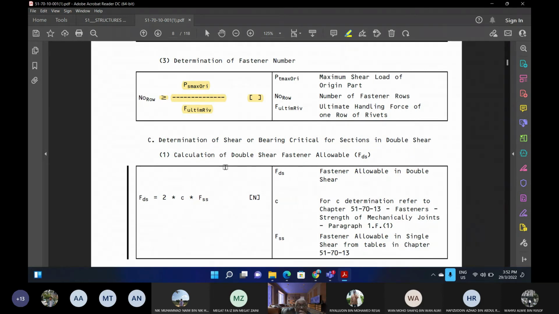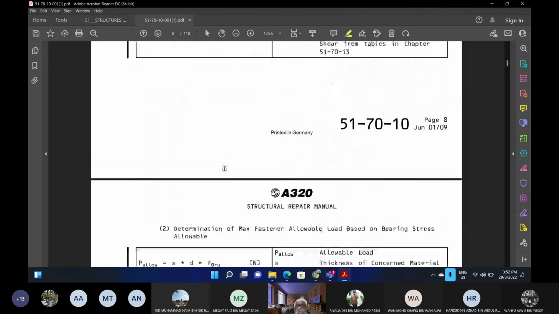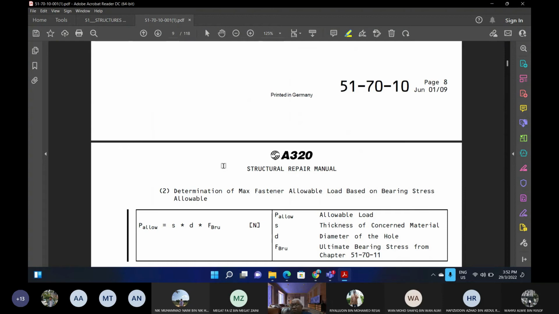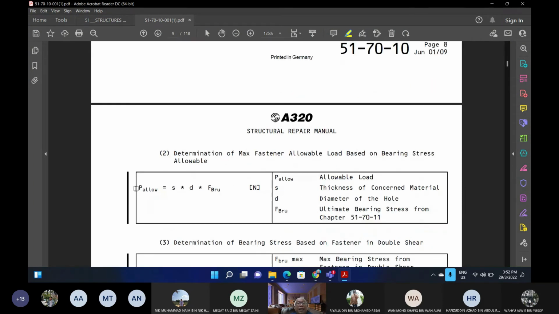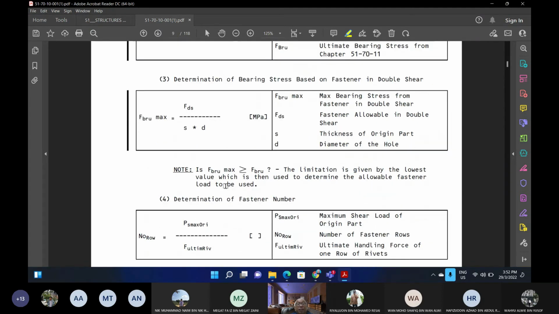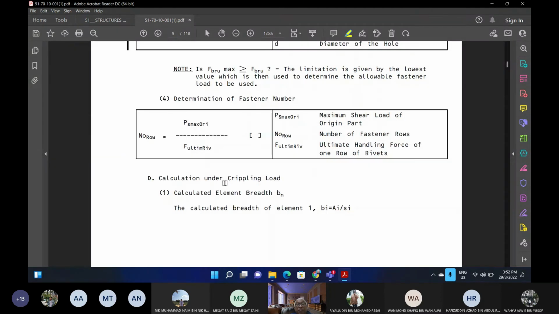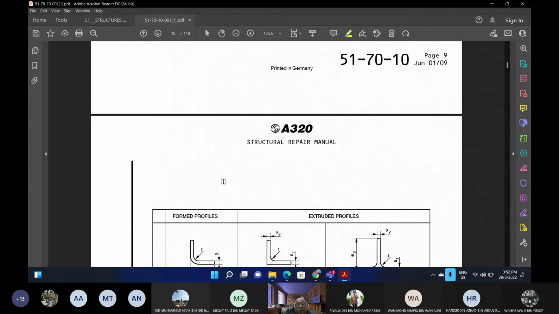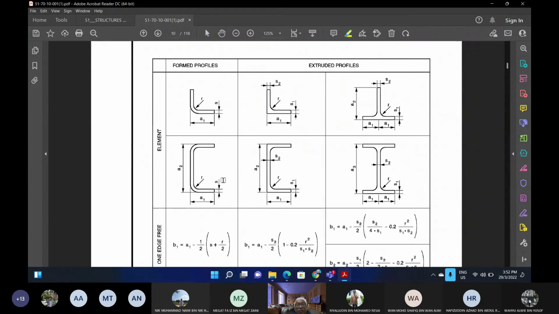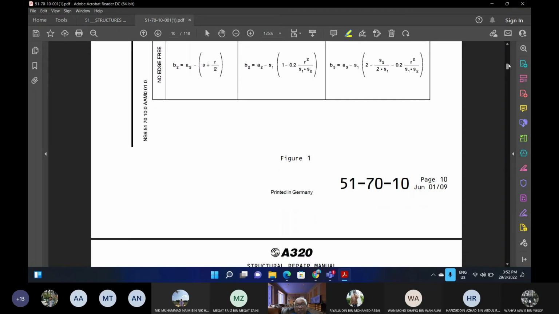So you need to consider how many layers of doubler you put in. And then you check bearing stress. After you check the bearing stress, you may want to look at also the crippling, buckling, and continue on.